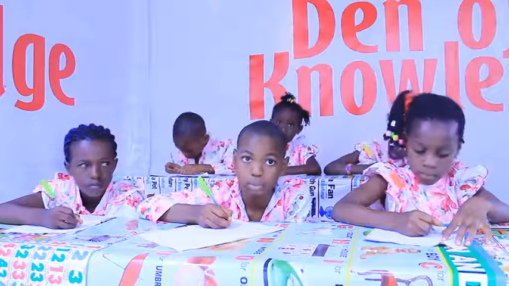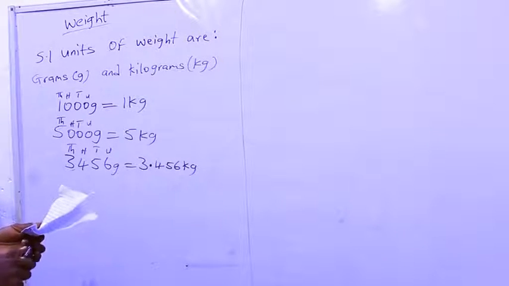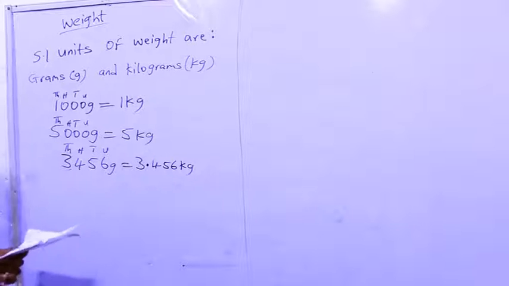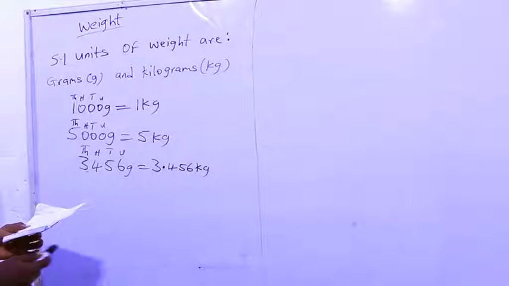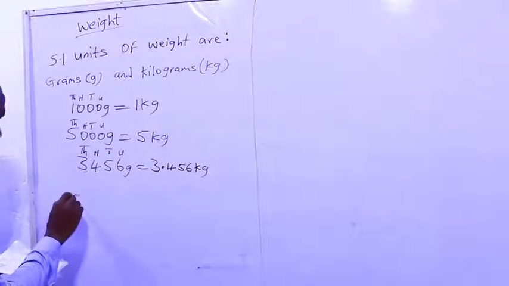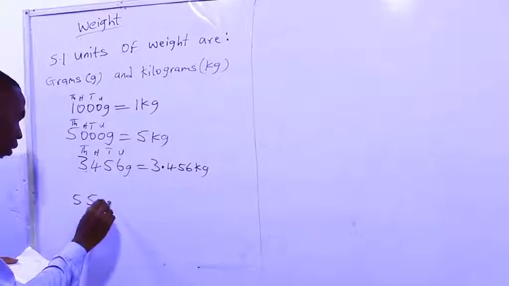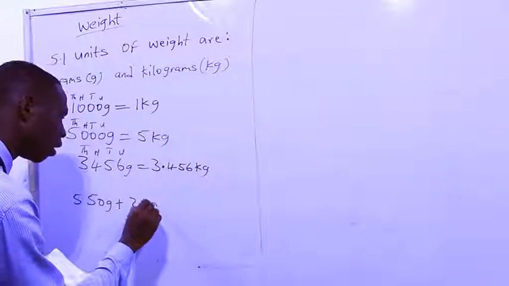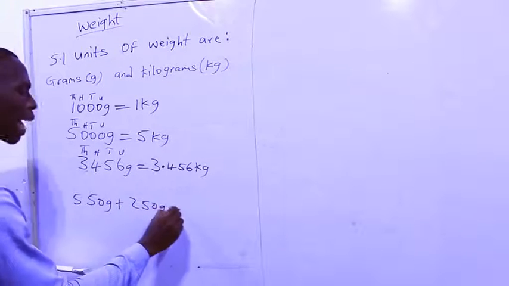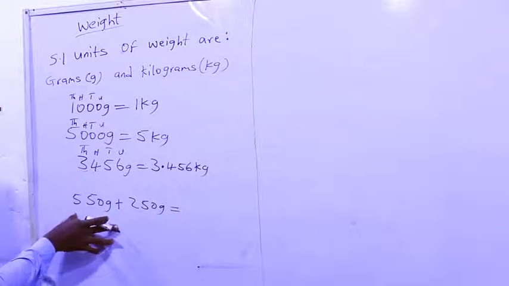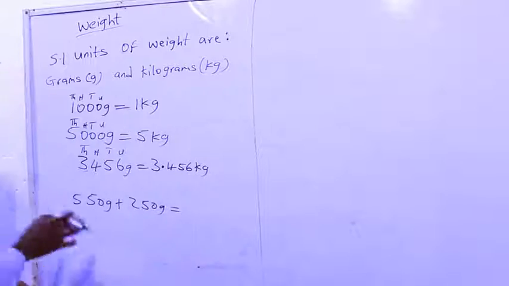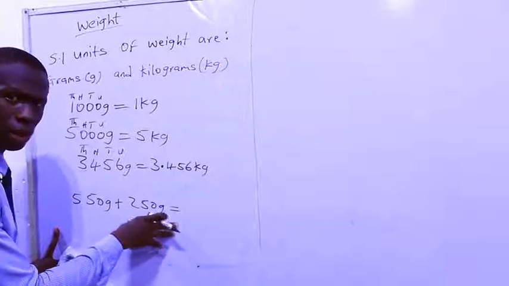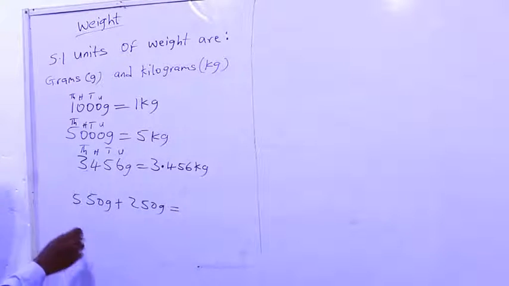Now let's enter into addition and subtraction of weight. This is 500 plus 250 grams. This is called horizontal addition. If you are not conversant with horizontal addition, you try vertical.